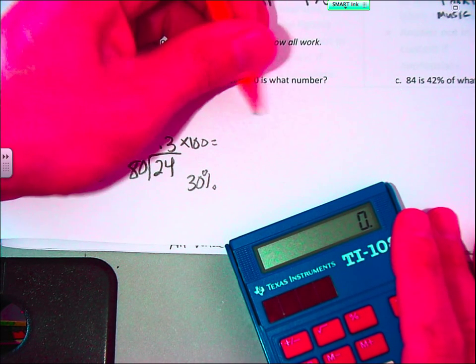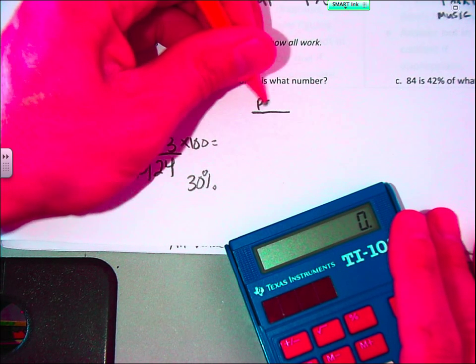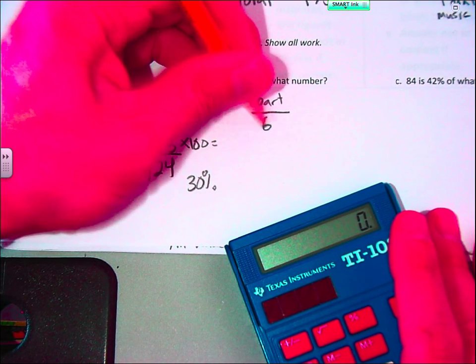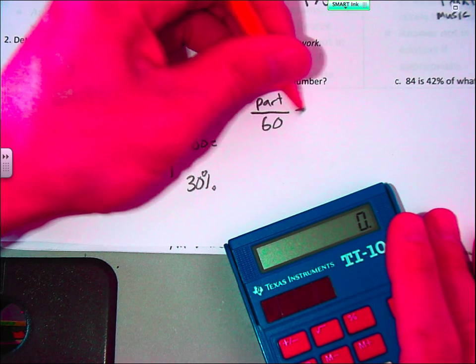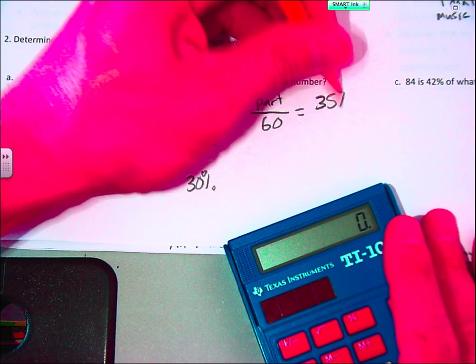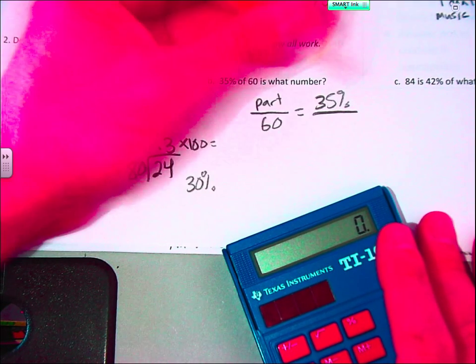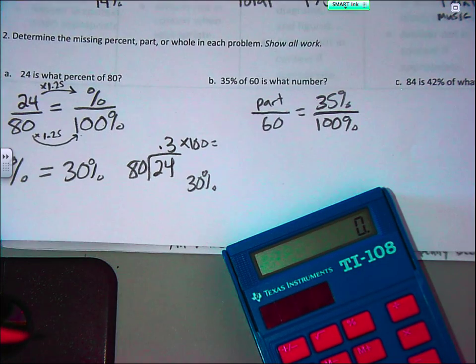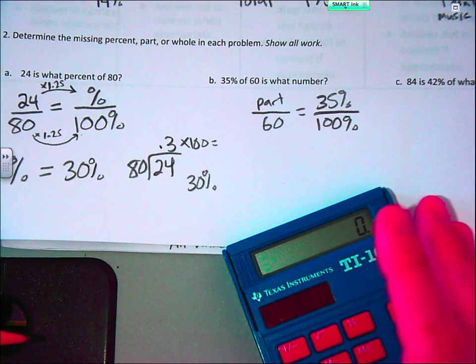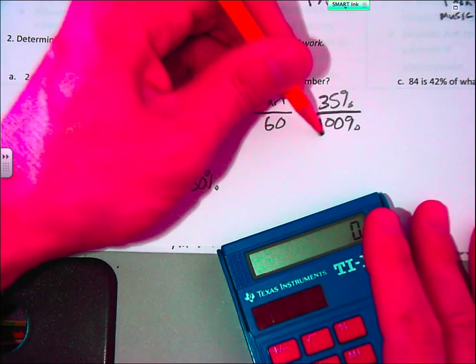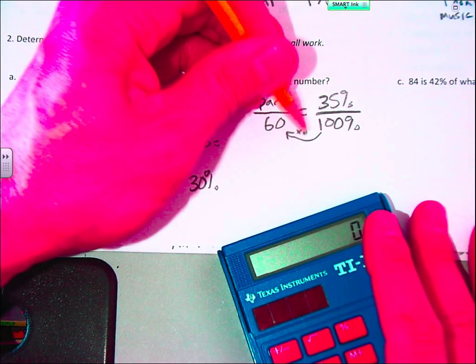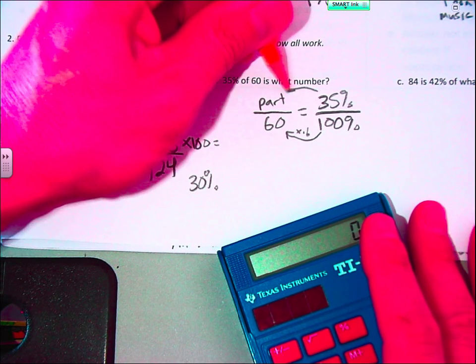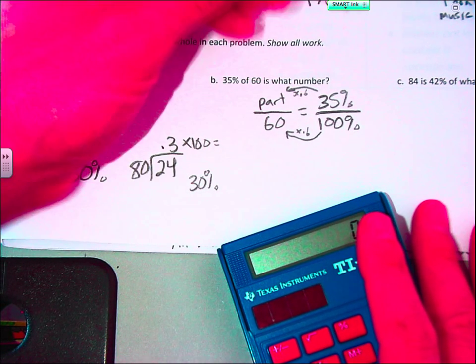Second one, we don't know the part. We know the whole is 60 because it's of 60. We know that the percent is 35%. We know the whole thing is going to be 100%. I could scale this up. I could scale this down, times this by 0.6, times this by 0.6.